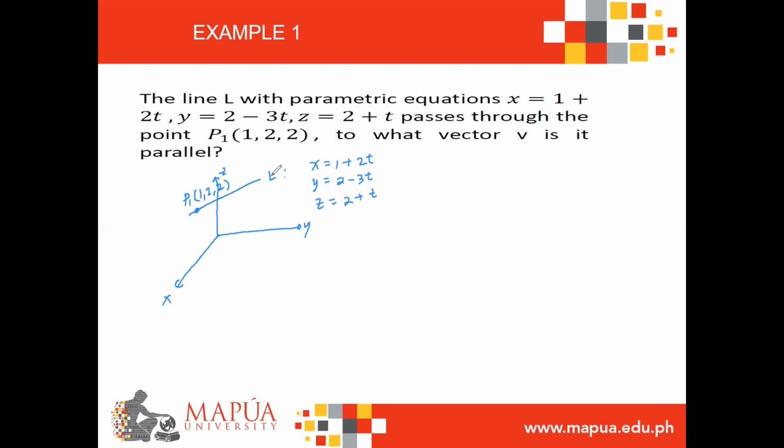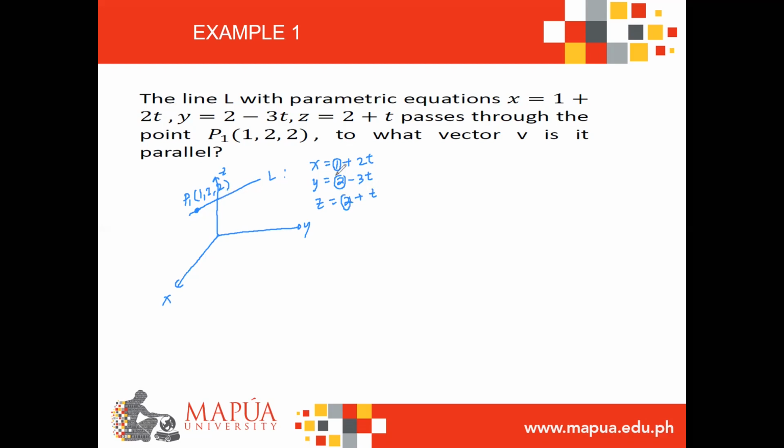So we can say that line L will really pass through this P1 whose coordinates are 1, 2, 2 because if you're going to check the parametric equation of your line L, we have x sub 0 is 1, y sub 0 is 2, and z sub 0 is 2.